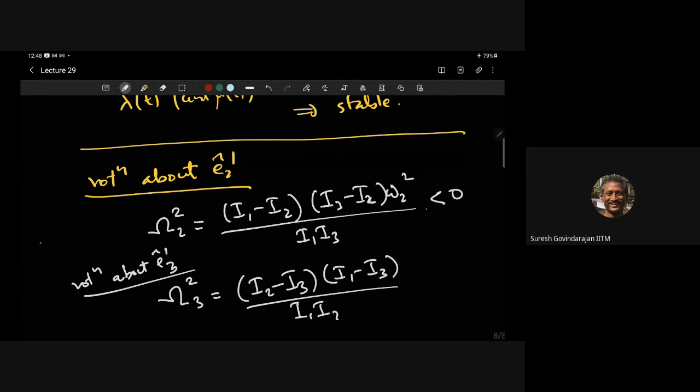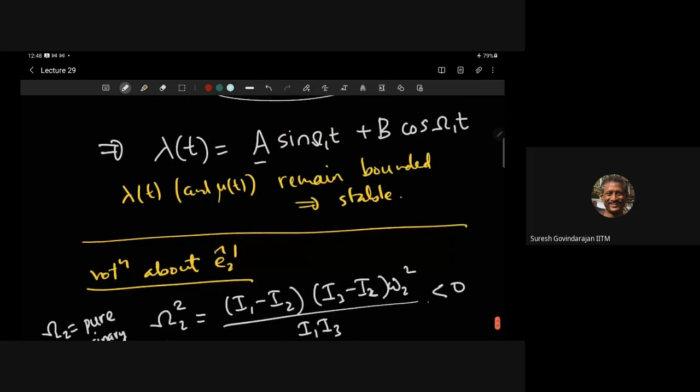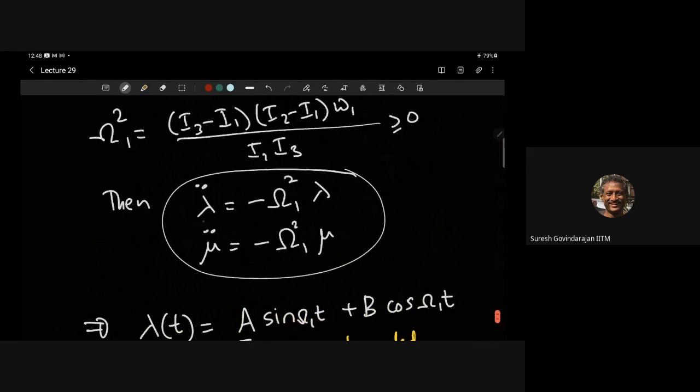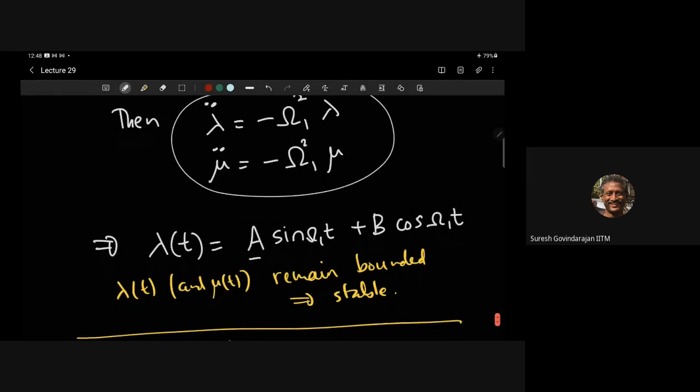That means omega 2 is pure imaginary. Now what happens to the solutions? If omega 2 is imaginary, that means these equations will come with a plus sign. So sine and cosine get replaced by exponential functions, e power plus.